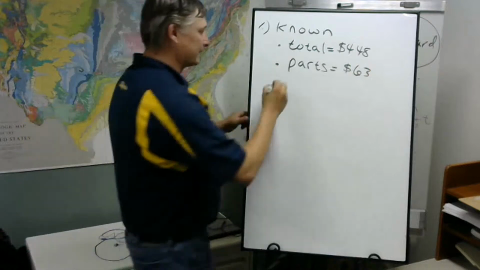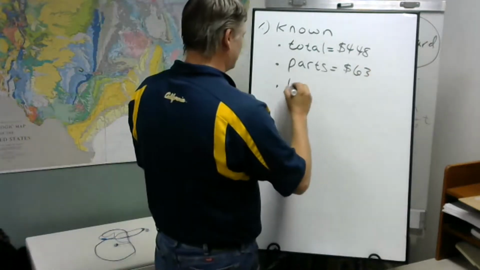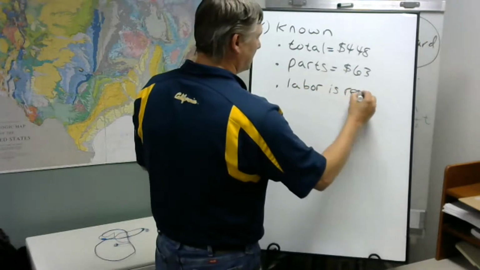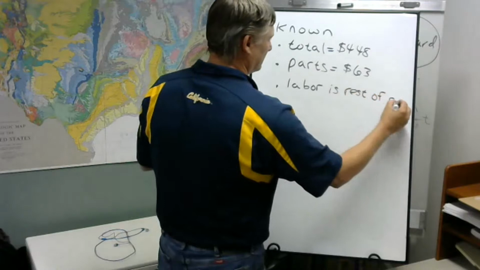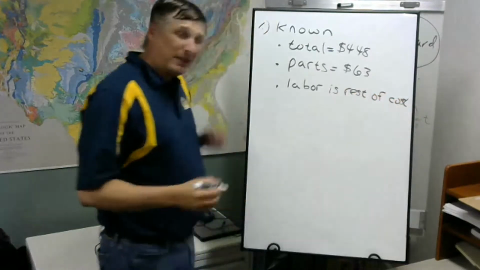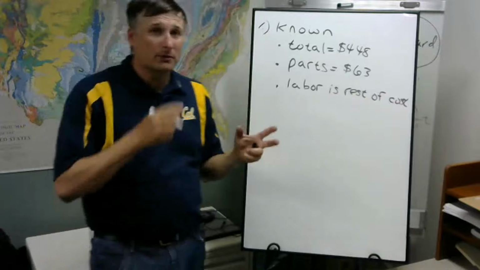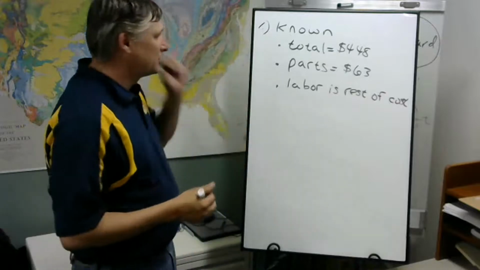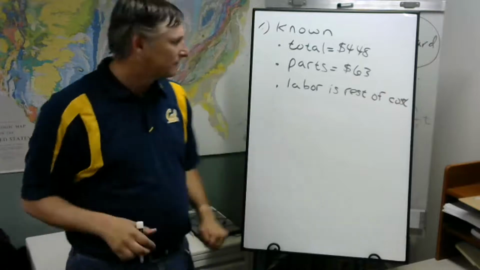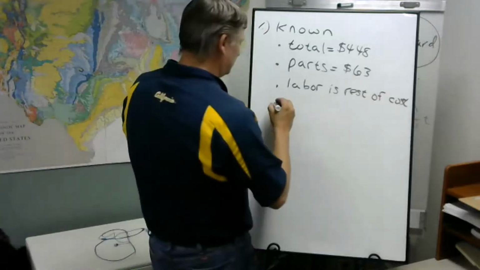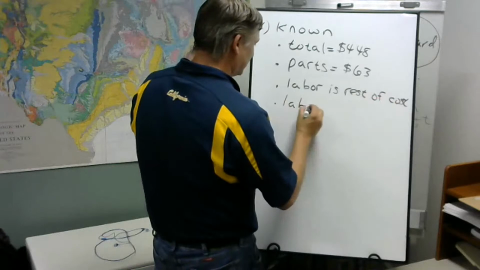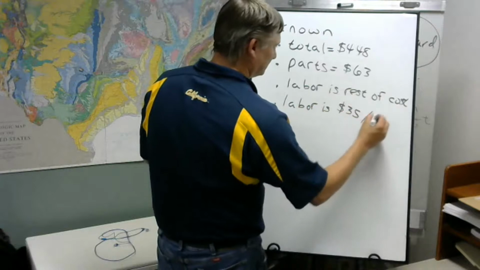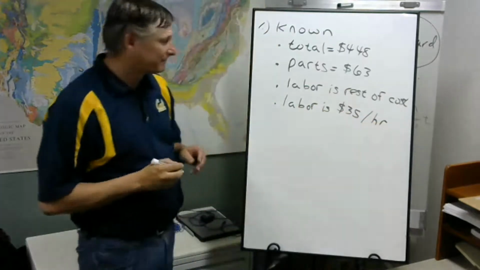And we know that labor is the rest of the cost. We know labor is going to take up the rest of the cost, and there's no other cost. Like there's no sales tax in here or anything like that. It's just parts, labor. That's it. We also know labor is $35 an hour.